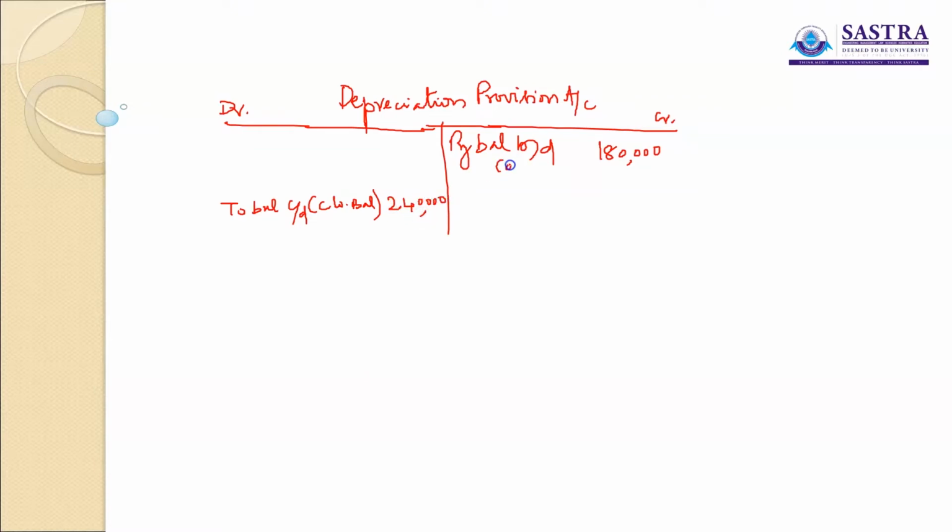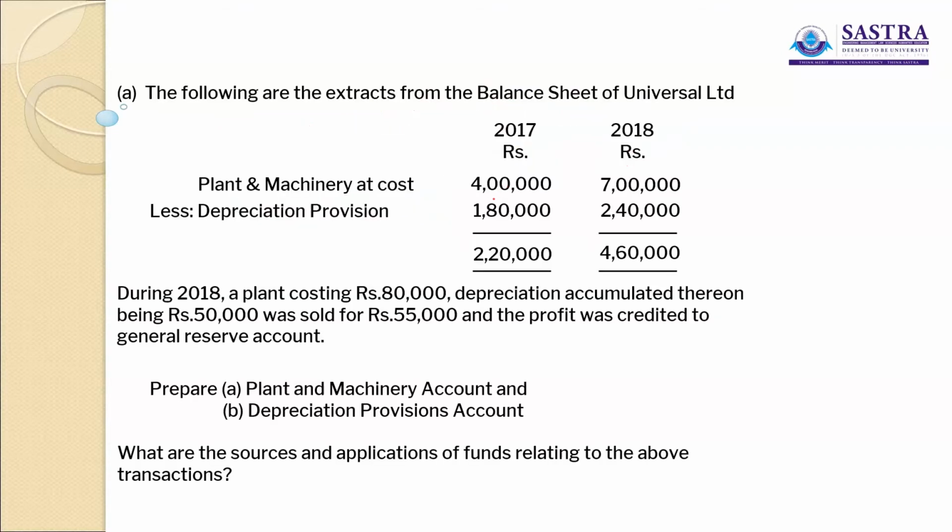So this is your opening balance. And it is given in the question that the depreciation on assets sold, that is accumulated depreciation thereon, that means on the plant sold, the depreciation accumulated was given as rupees 50,000.